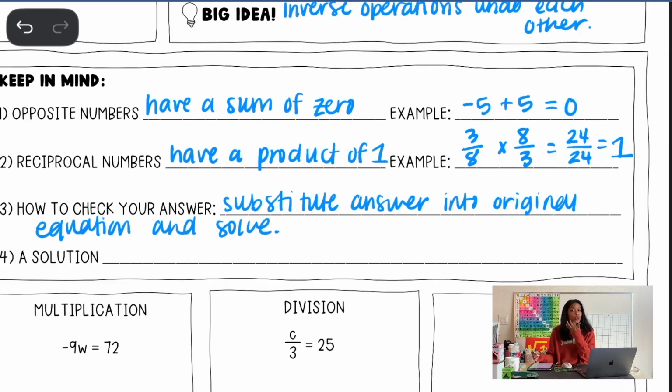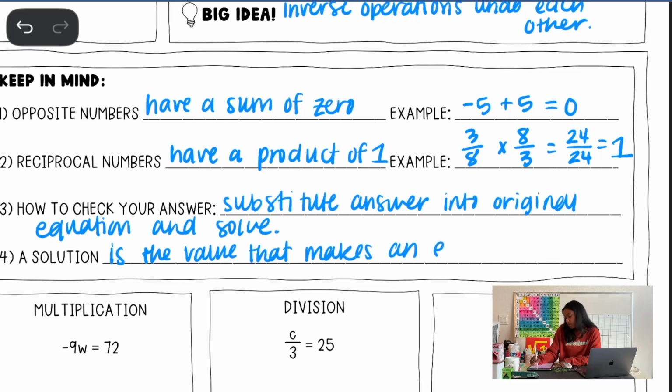Again, I should be looking for a true statement. I should get a true statement if that is actually the solution to my equation. My solution is the value that makes any equation true.